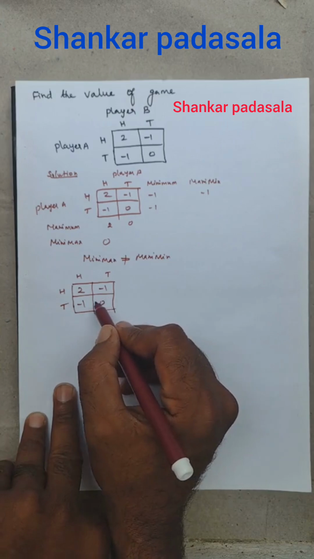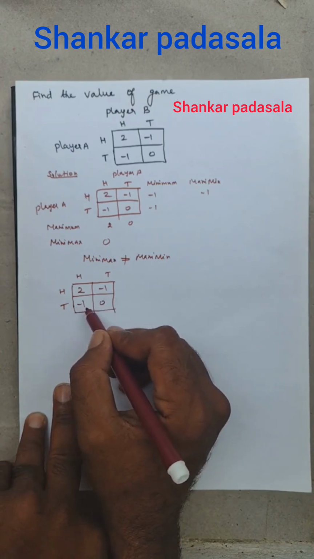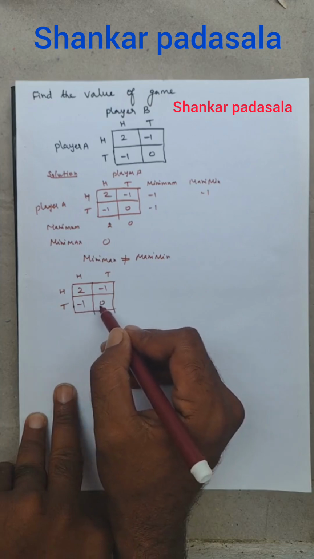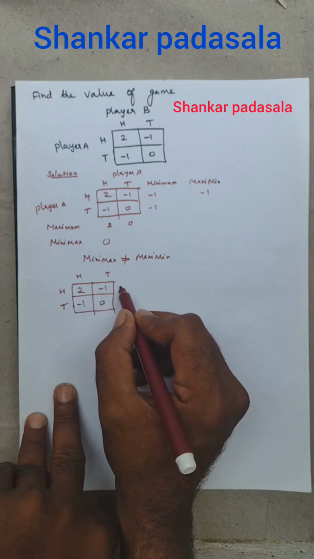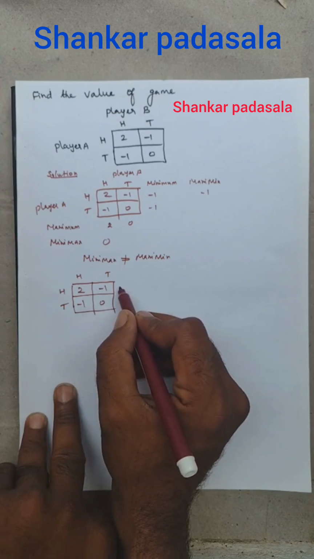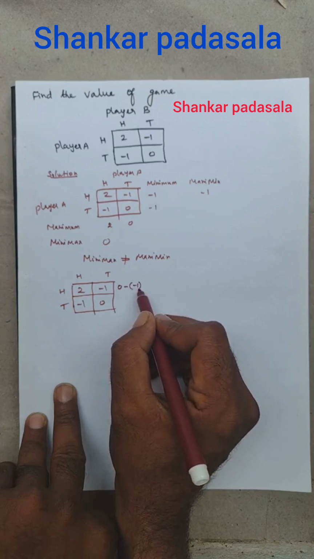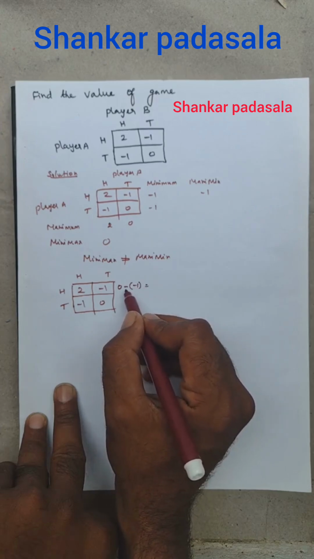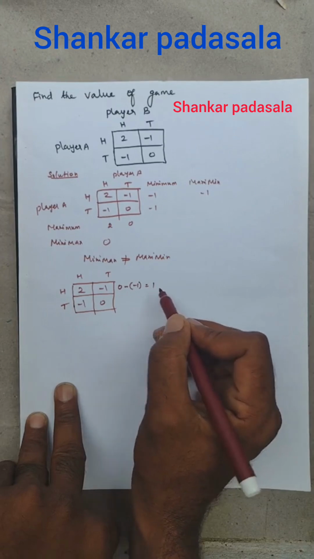Second row difference, you can write 0 minus of -1, or -1 minus 0. Anyway you have to ignore the sign. Here the difference between these two values I am going to write over here: 0 minus of -1, which becomes +1. So 0 plus 1 gives 1.